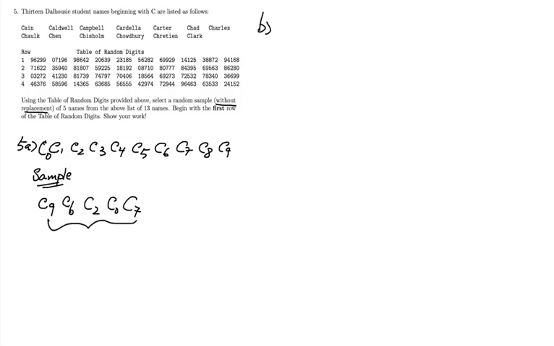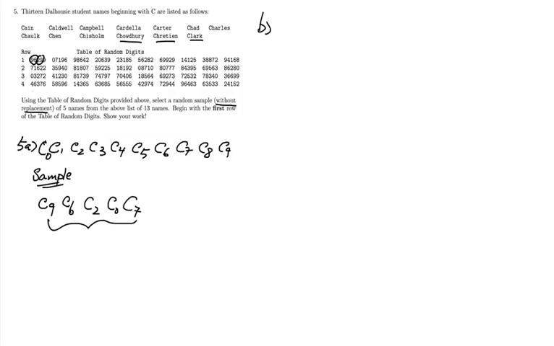If we use the same technique, the 11th, 12th, and 13th person will never get sampled. So what we need to do is use 2 digits at a time. If we get 96, 96 will correspond to some person here, and if we get 29, 29 will correspond to some person here.